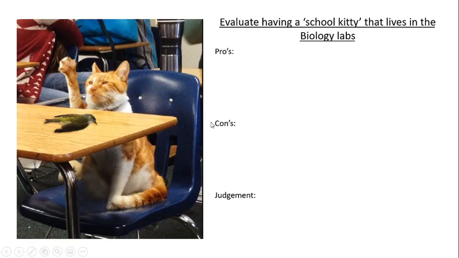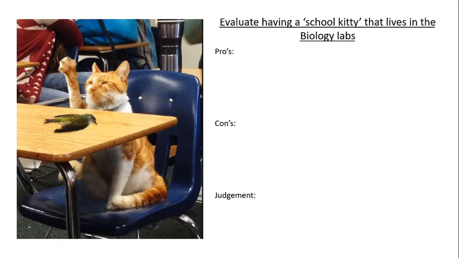Some cons, because an evaluation should be a balanced argument. There should be some pros and some cons, so negatives, if there are any at all, about having a school kitty cat living in biology. And it should always have your own judgment, like a conclusion, with you summarising: overall I think, yes, we should, or no, we shouldn't, because of XYZ arguments.